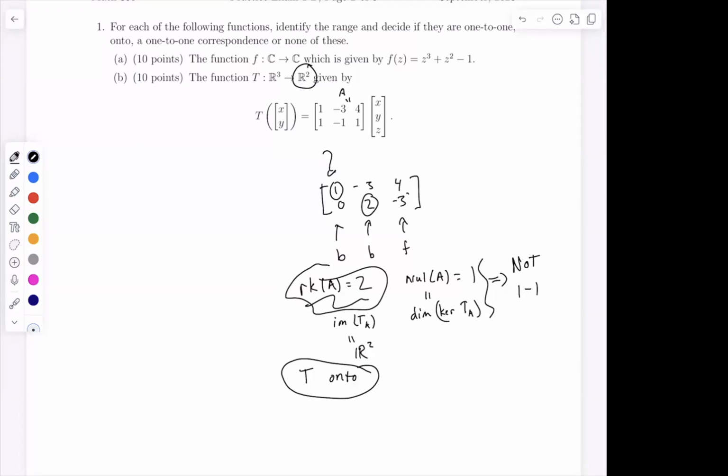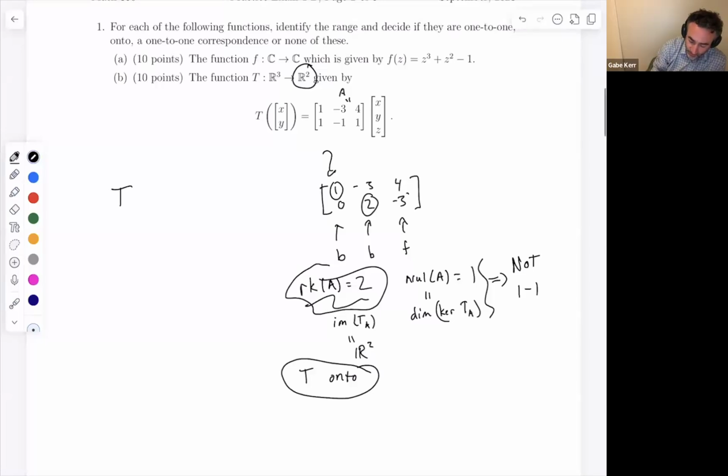I'm sorry, we know it's onto because the rank is less than or equal to 2, because it's R2. Is that correct? Yeah, so if we look at T of R, the image of T, this is going to be a subspace of the codomain R2. Oh, sorry, this is a typo, by the way.